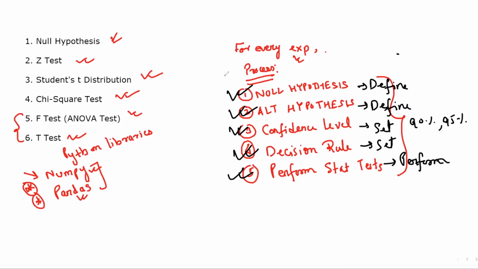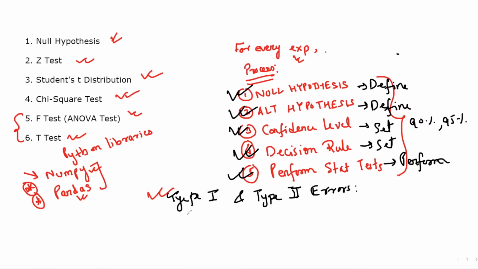Now there is something also called type 1 and type 2 error. What are these? In interviews, it's a quite common question that they ask.